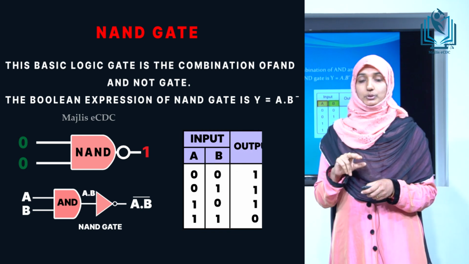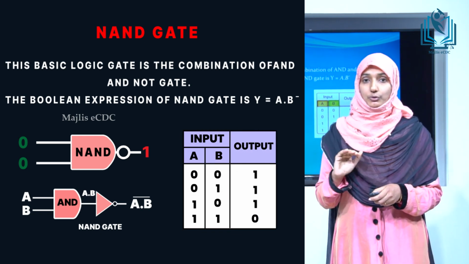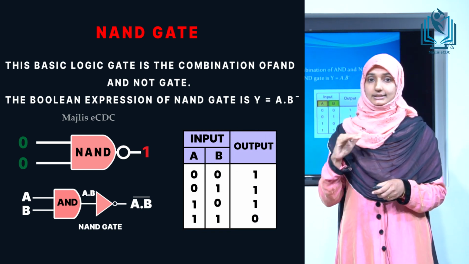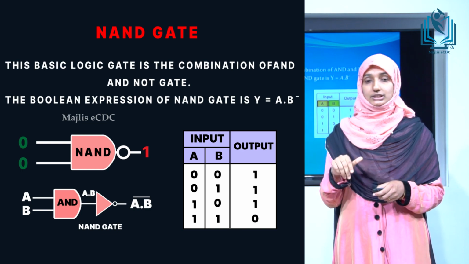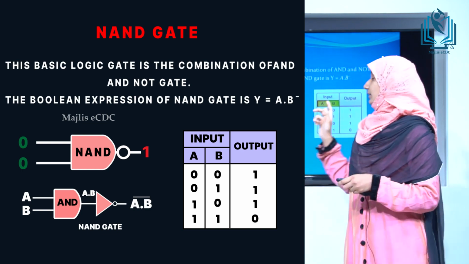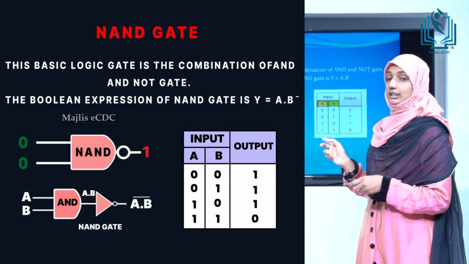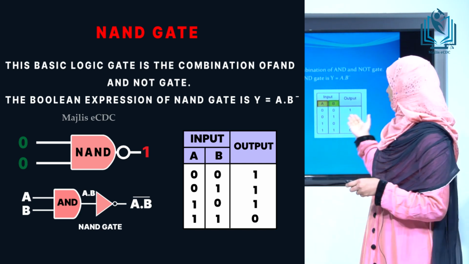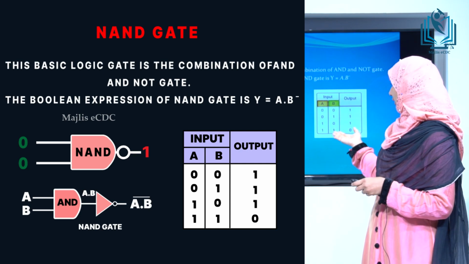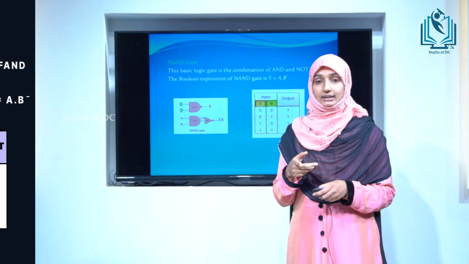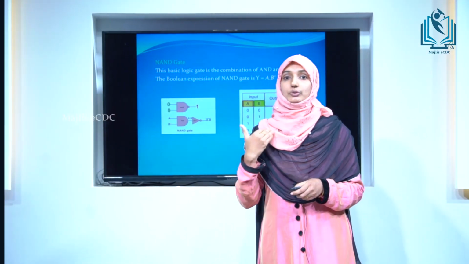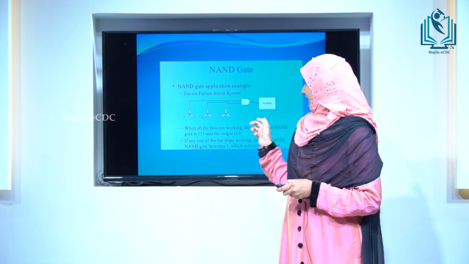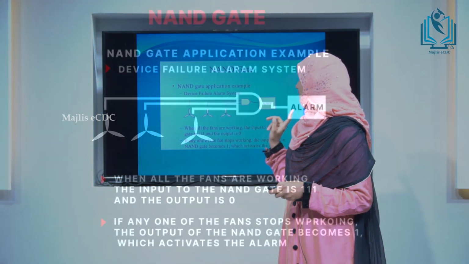There are two inputs, so 2 raised to 2, 4 input combinations: 0 0, 0 1, 1 0 and 1 1. The output of the NAND gate will be the complement of the AND gate. So only in the case of 1 1, the output of the NAND gate is 0; in all other cases it will be 1.